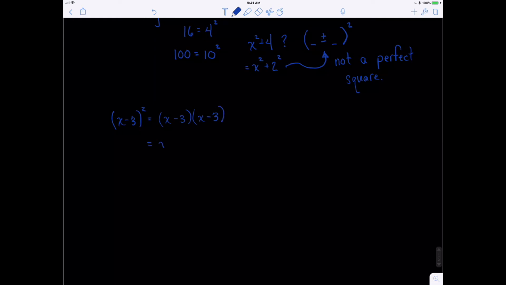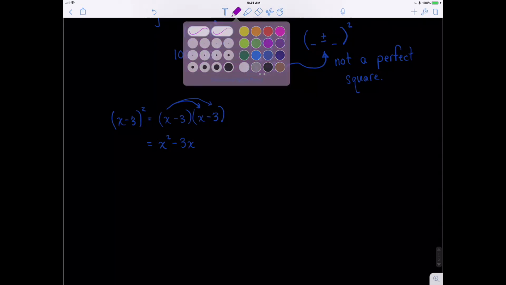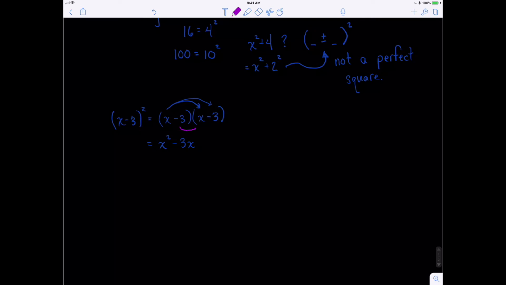We distribute. We would get an x squared, then a minus 3x. Then when we do this again, we get another minus 3x. And then a negative 3 times a negative 3 for a positive 9.